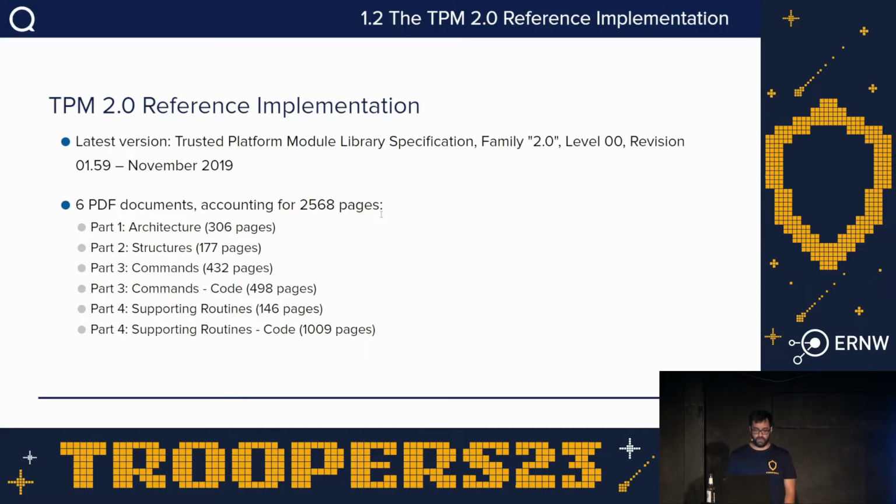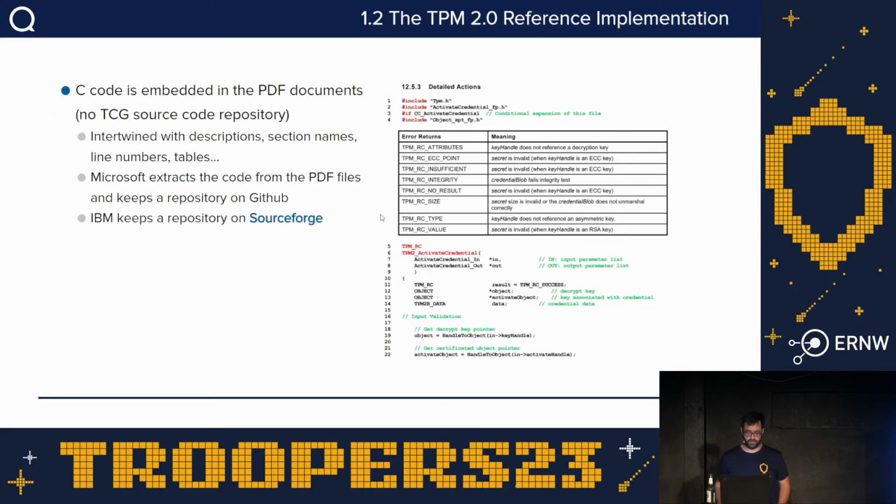So it's a pretty big implementation, and usually that leads to security problems, because there's a lot of complexity in this reference implementation. So if you start browsing the reference, you will see that the C code for the firmware is embedded into the PDF documents. The Trusted Computing Group does not have like a source code repository.